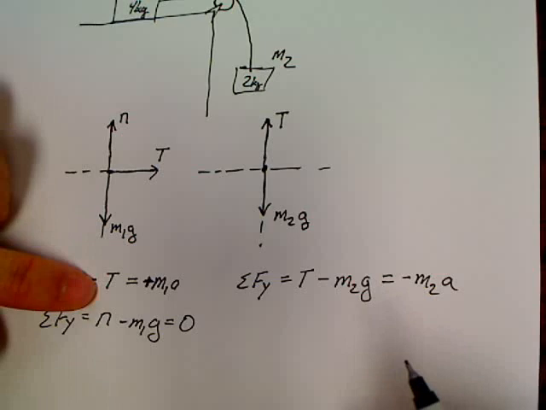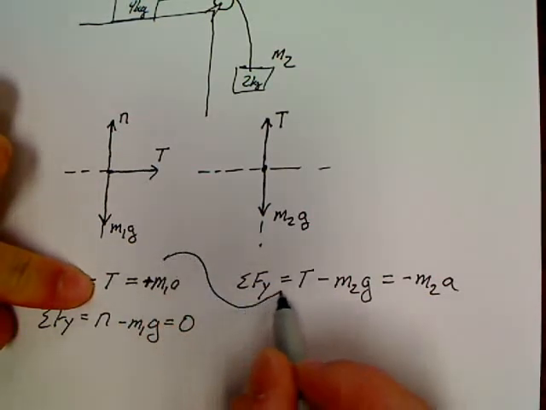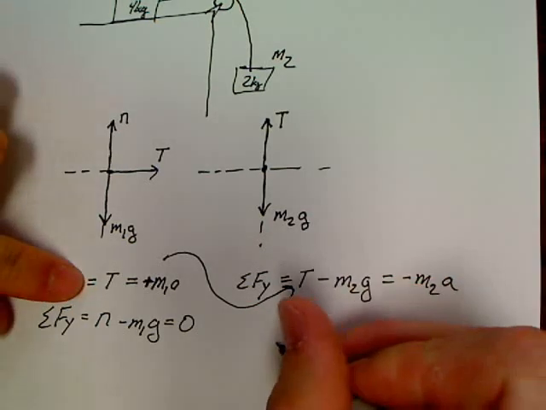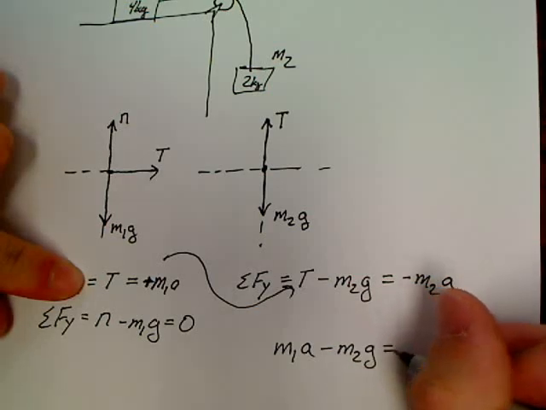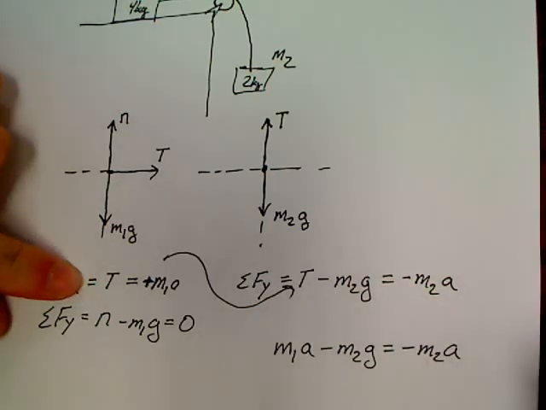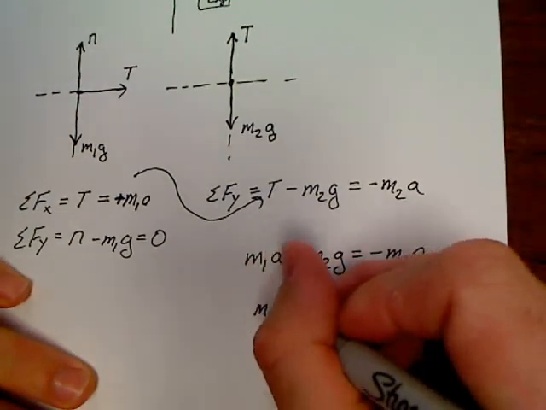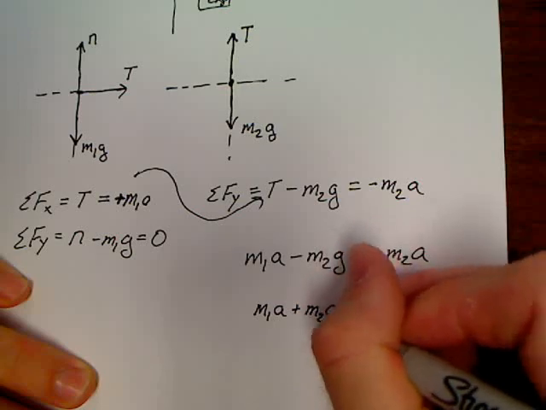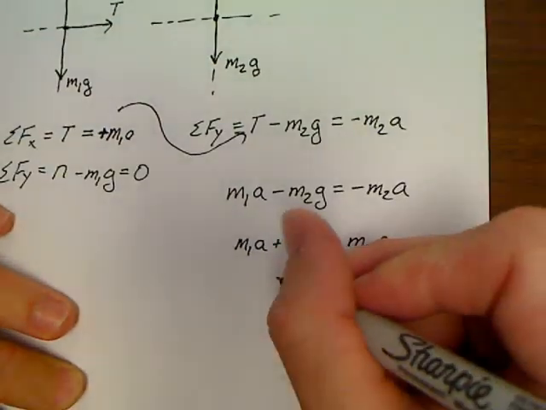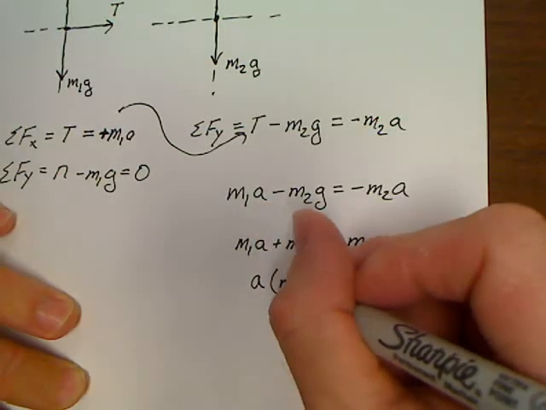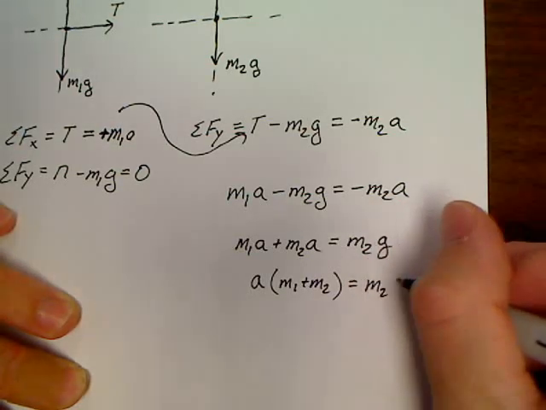Now, this equation's already solved for T, so we would plug it in here, and you would have M1A minus M2G equals negative M2A. Get your terms on the same sides: M1A plus M2A equals M2G. Solve for A: A times M1 plus M2 equals M2G.